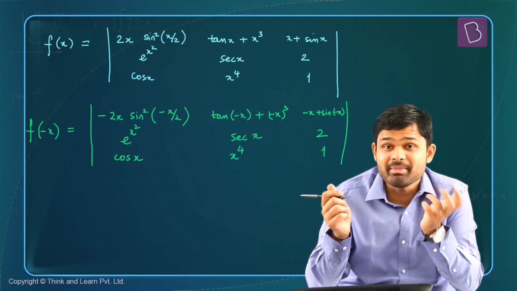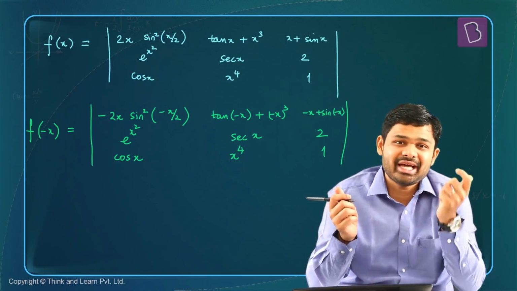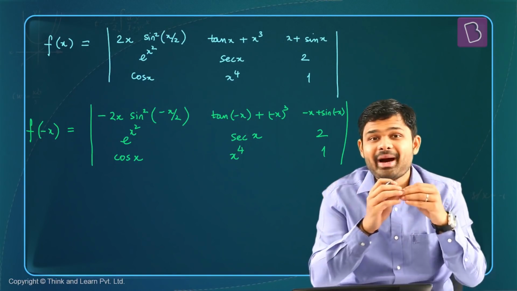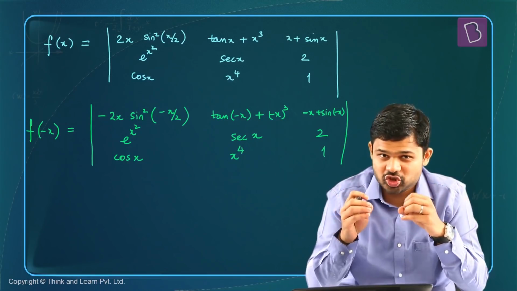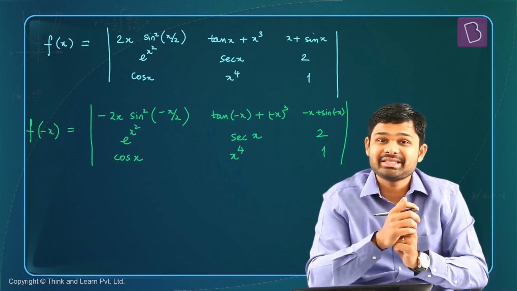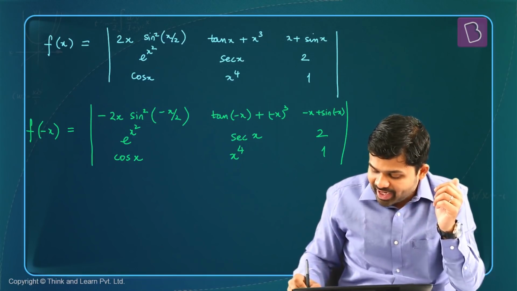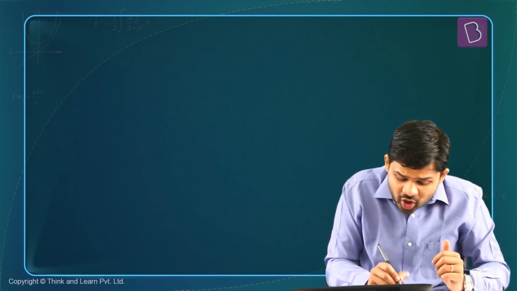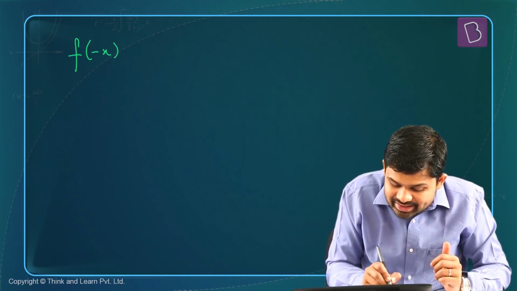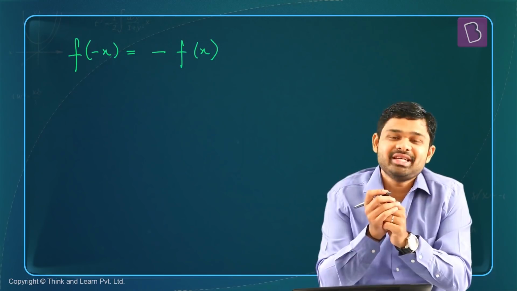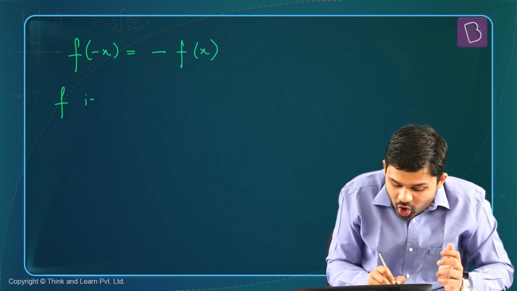And the last term will be minus of x plus sine x because sine minus x is minus sine x. So you have a minus in all the terms of the first row. So you can take all the minus out. So if you take the minus out from there, you are going to get the fact that your f of minus x is nothing but minus f of x.